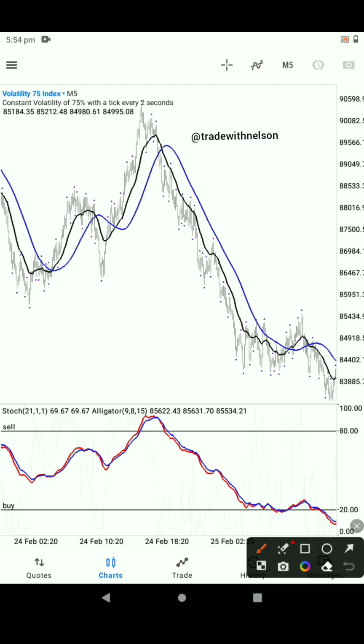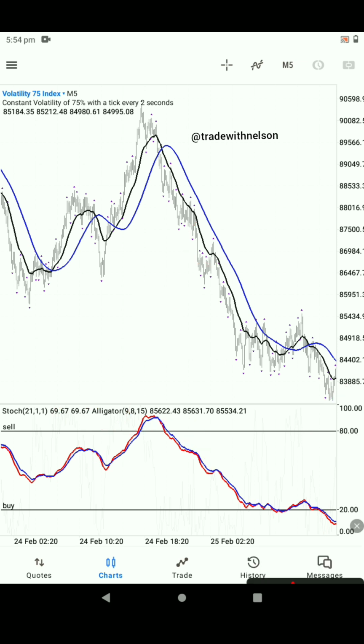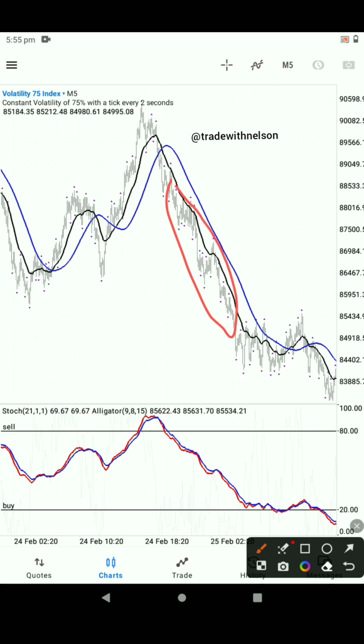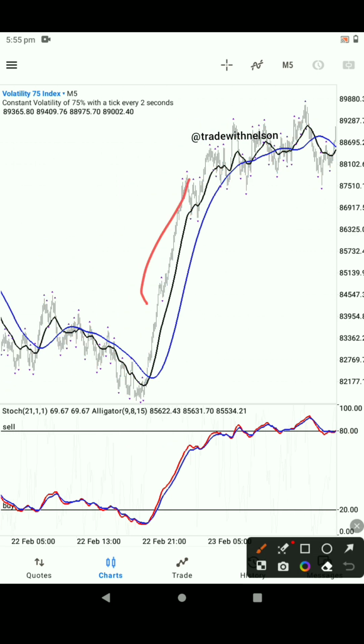If you look carefully on my chart, I have just 4 indicators. I have 2 moving averages on my main chart, and down here I have the stochastic oscillator, which helps us to measure the overbought and oversold. I have the alligator over here, which is the main lines that you see inside the stochastic oscillator. As we all know, moving averages help us to follow the trend of the market when the market is in a downtrend and when the market is in an uptrend, like you see over here.